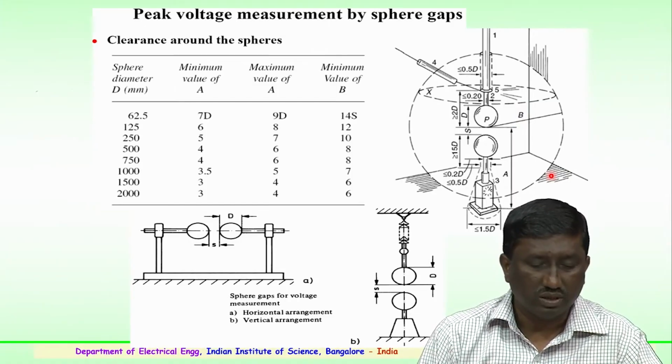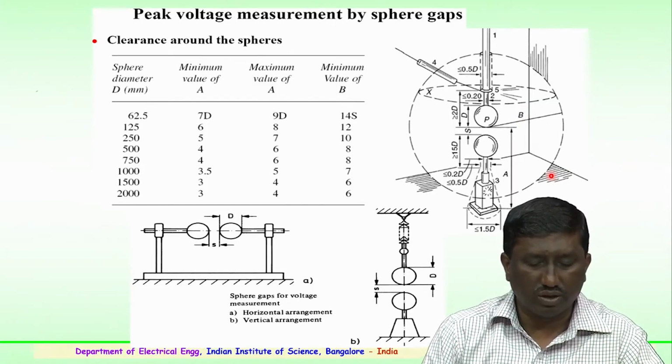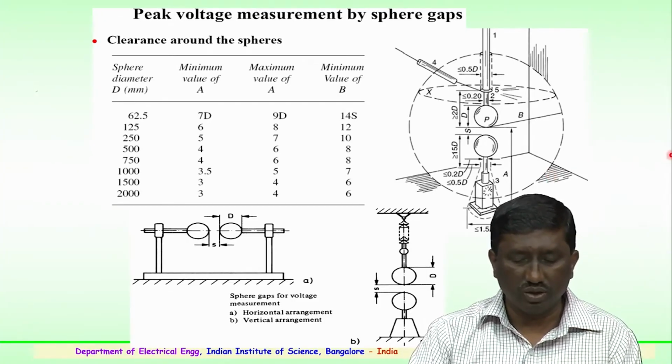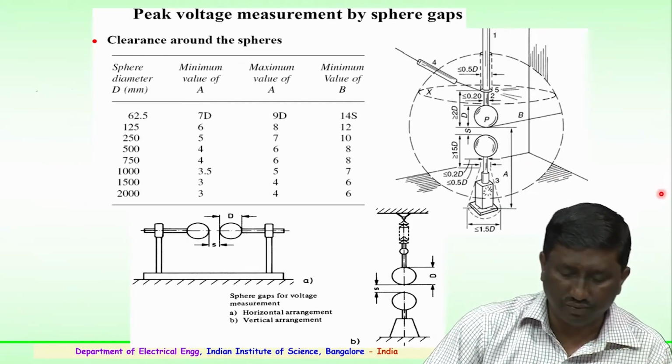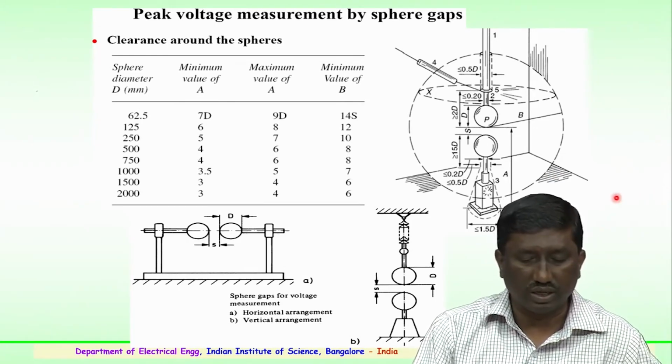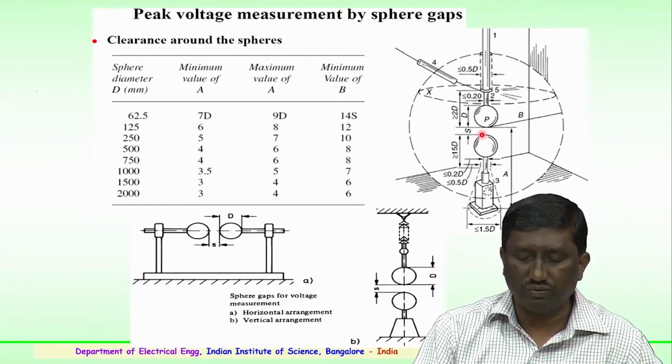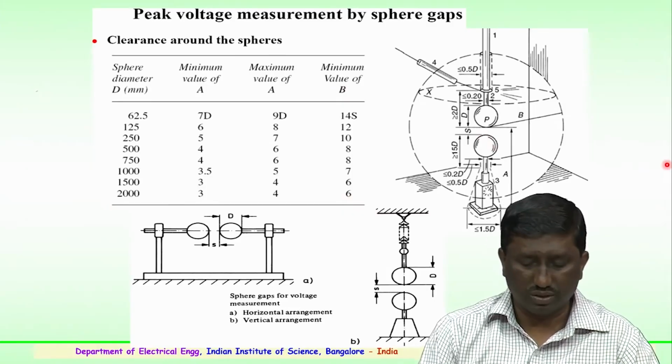So, these are the clearances required and maintained for accurate measurements as per the standards, else there could be erroneous results if a deviation is made in the clearances. And the minimum value of B fixed for 2 meter is 6 into the gap distance which is used for the measurement.